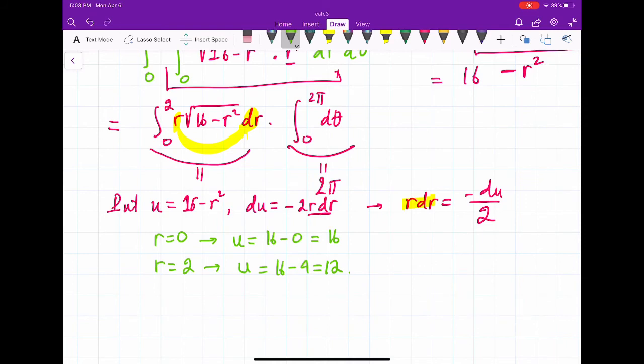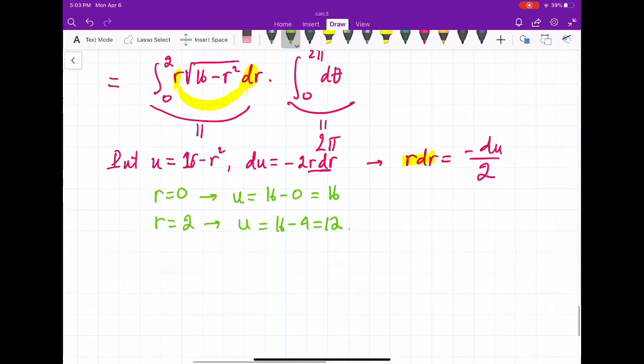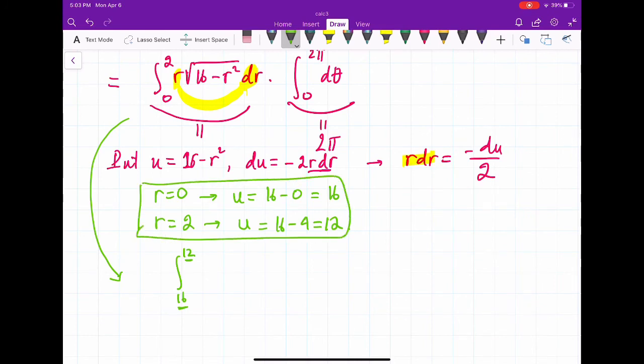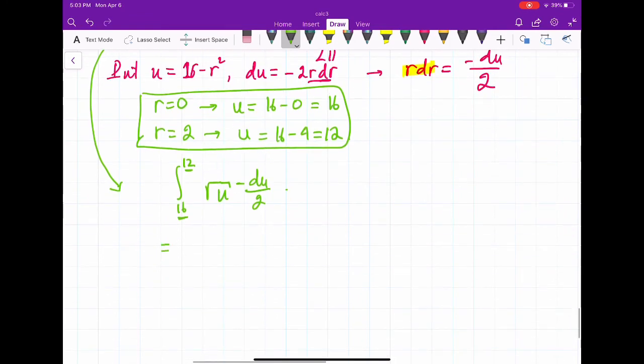Okay, so you can rewrite this integral as the integral from 16 to 12. You don't care about 16 right here and 12 right here, because that is because of this. Makes sense? And r dr is negative du over 2, and then square root of u right here. So this is equal to the integral of u to the 1/2 with negative 1/2 right here, from 16 to 12, du.